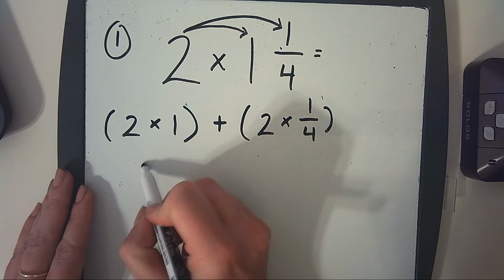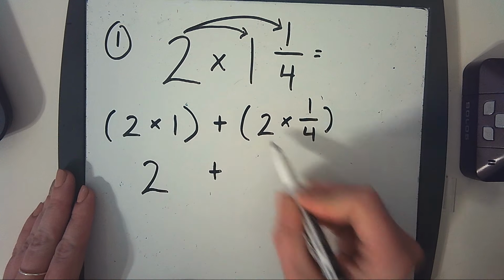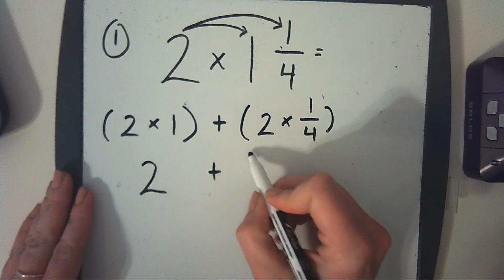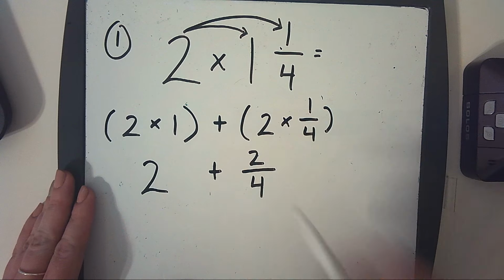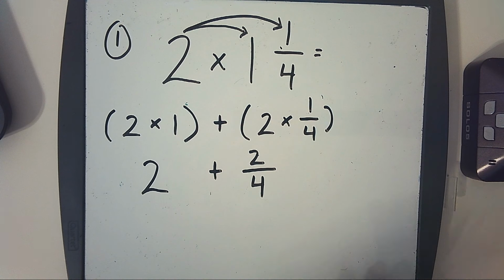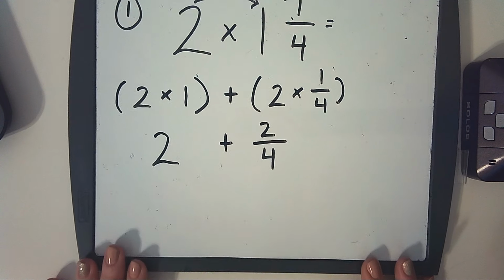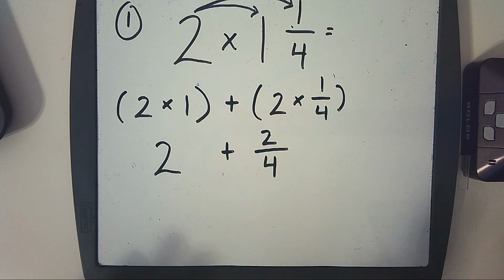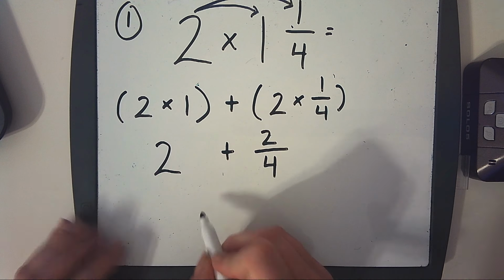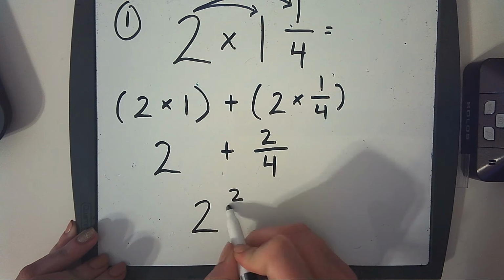Two times 1 is 2, plus 2 times 1/4 is 2/4. And since our numerator is less than our denominator, we do not have to change that 2/4 to a mixed number. So when we add a whole number and a fraction, we just stick them together.